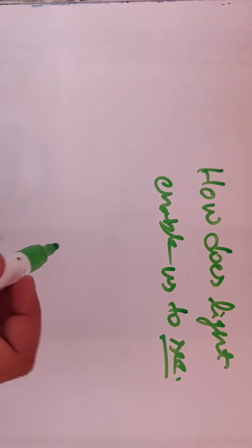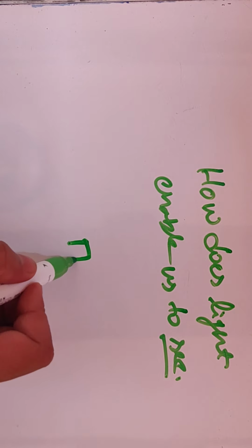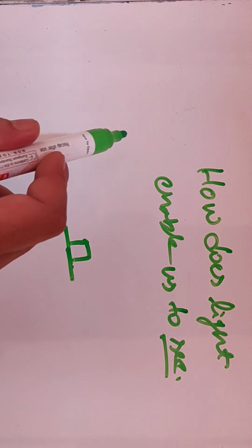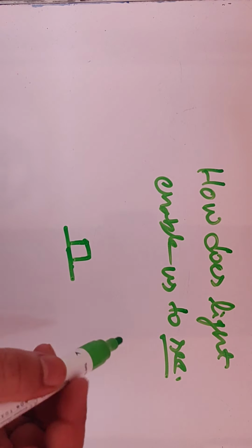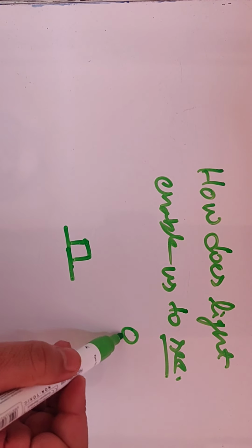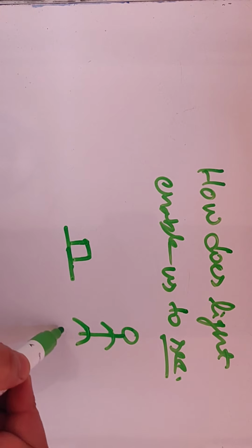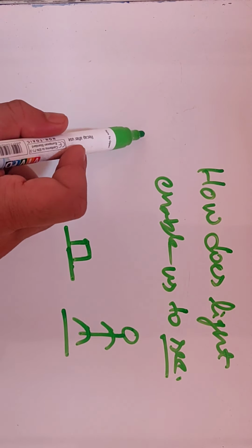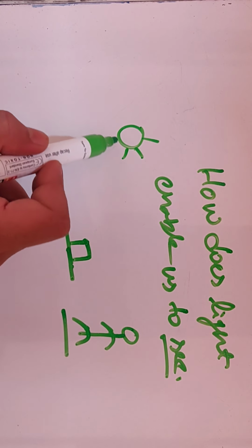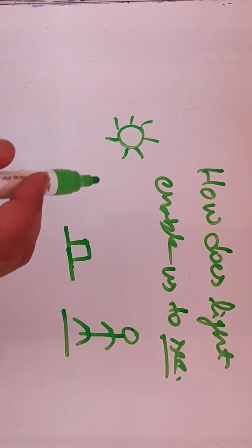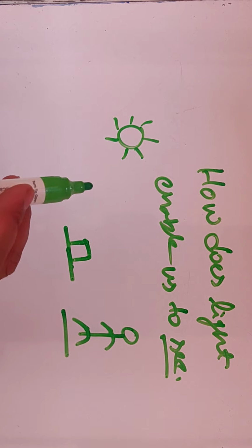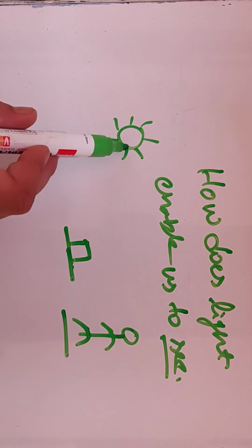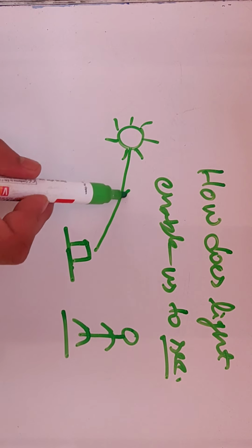Let's say there is an object here, any object. There is a person who is to see this object. So what exactly happens is, light from the source, whether it be a natural or artificial source, falls on this object.